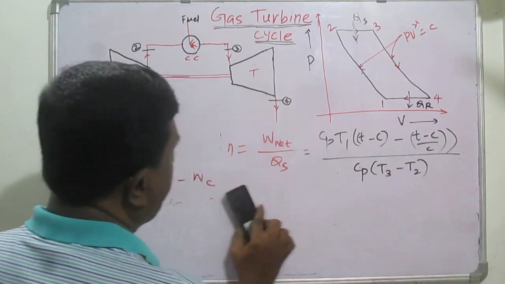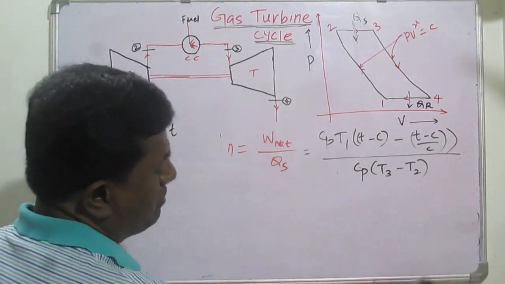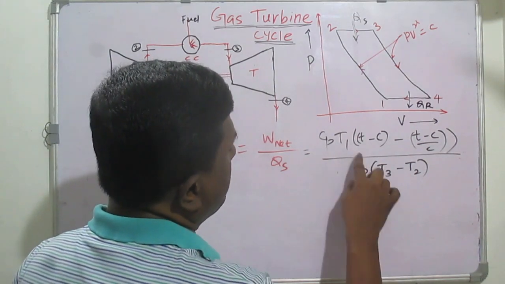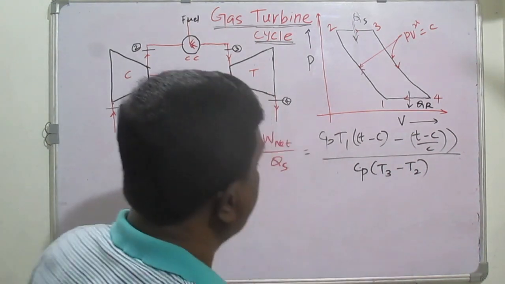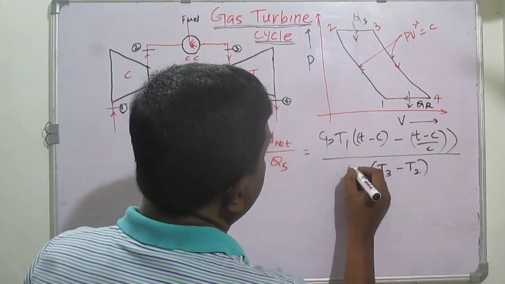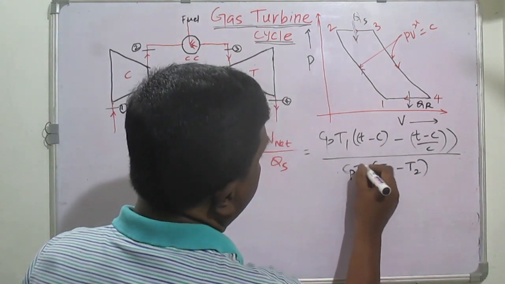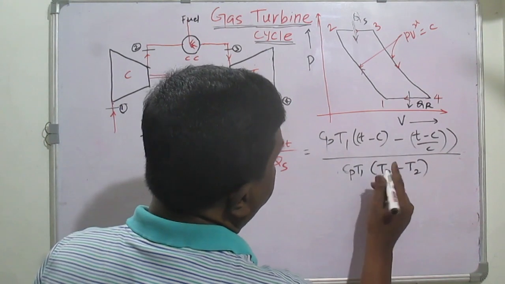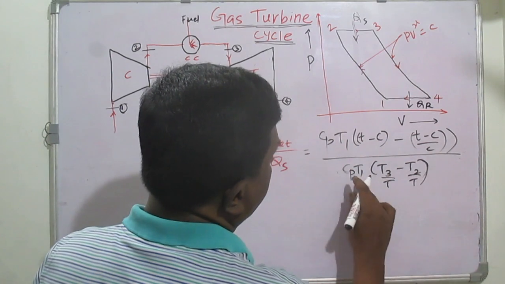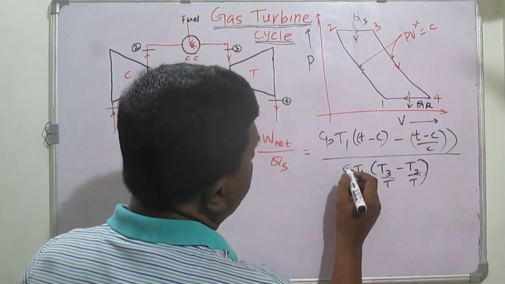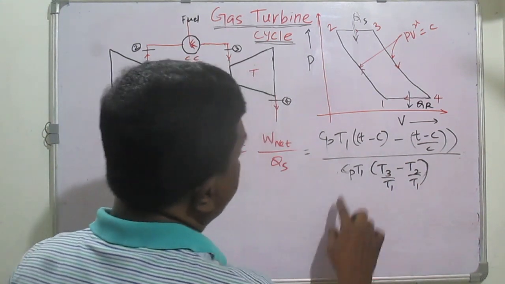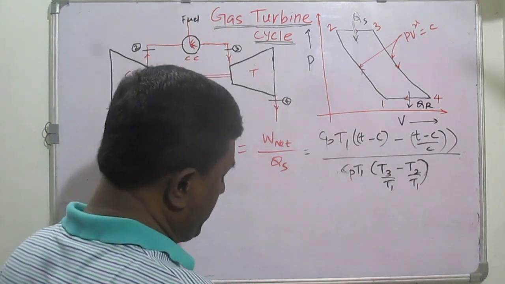From here we take T1 outside. We have Cp into T1, and inside we are dividing both by T1. Since we multiplied by T1 and divide by T1, the Cp T1 gets cancelled.